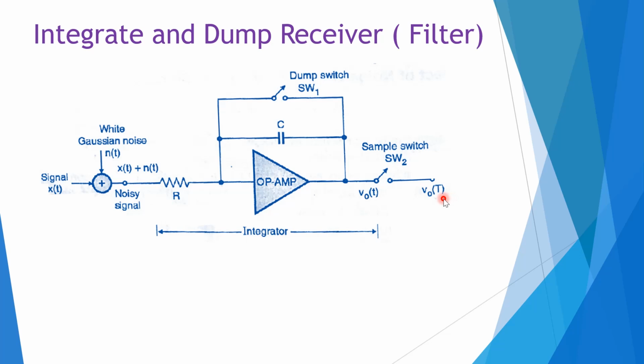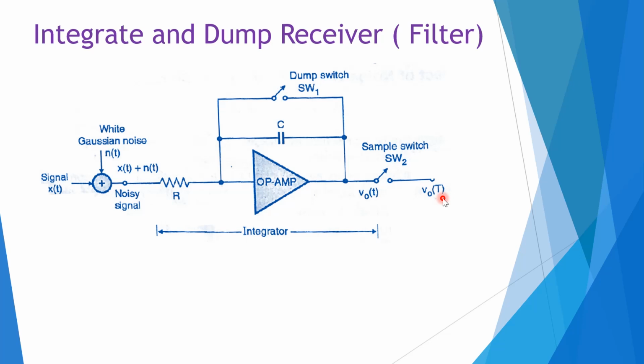The integrator, as we have seen, is supposed to integrate the noisy signal only over 1 bit interval T. Therefore, just at the beginning of each bit interval, the dump switch SW1 is closed momentarily to discharge the capacitor C completely.